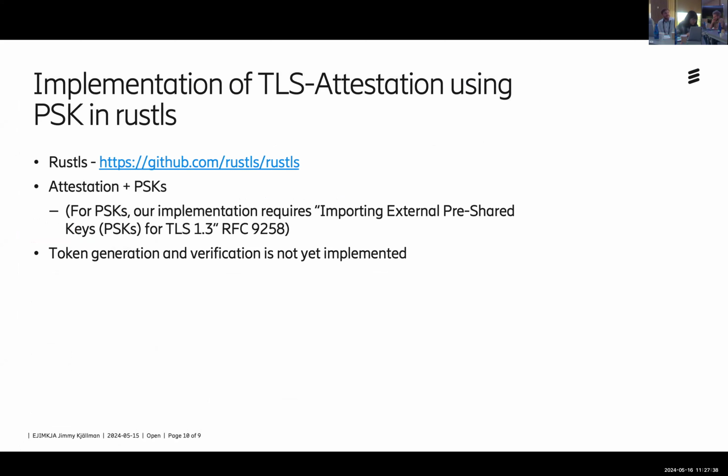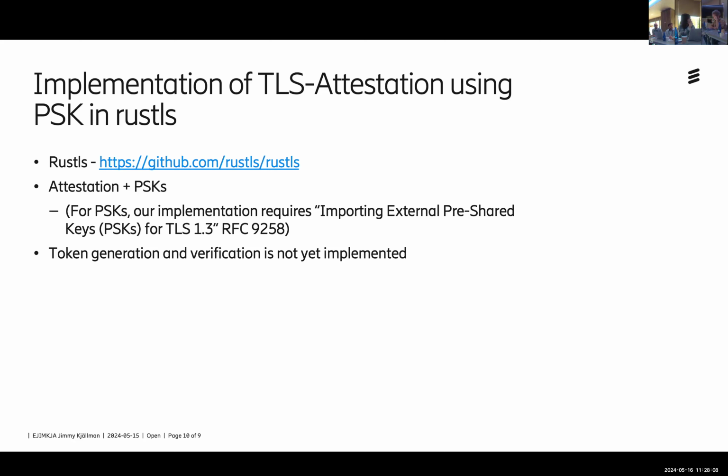So this is a very clear, direct continuation of the previous presentation we had. We have a prototype implementation of this whole offloading framework written in Rust. For this implementation of TLS attestation, we also chose a Rust-native library, Rustls, as the base.